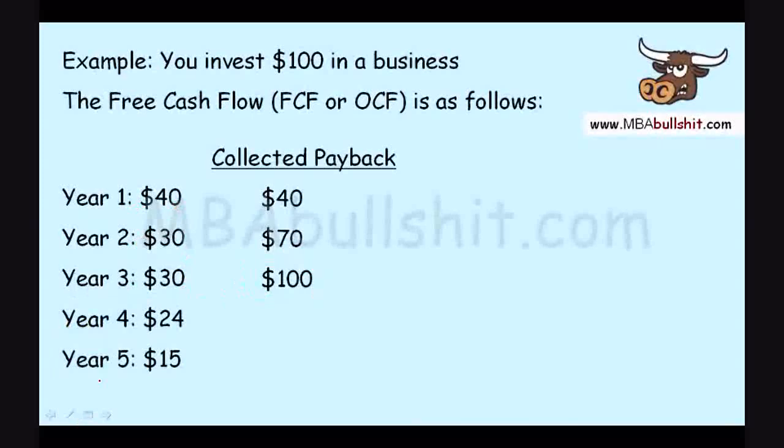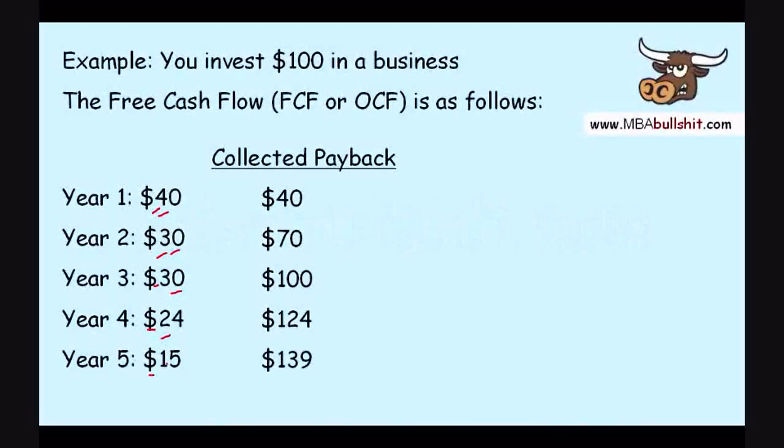We do the same thing in the fourth year: 40 plus 30 plus 30 plus 24 equals 124. And we do the same thing for the fifth year: 40 plus 30 plus 30 plus 24 plus 15 equals $139.